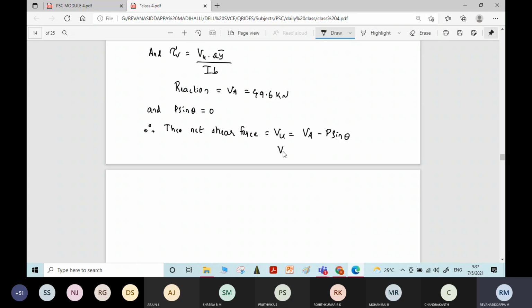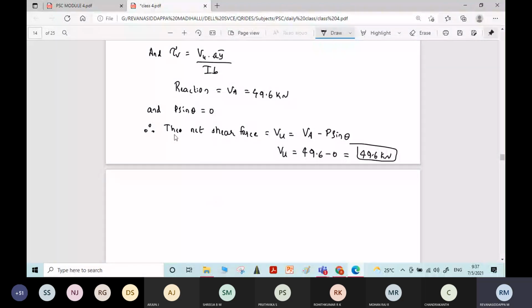Therefore, Vu is equal to 49.6 minus 0 is equal to 49.6 kilonewton. Okay. So as there is no pre-stressing force, whatever the reaction at the support is, that is only the shear force which is acting at the support section, right? 49.6 kilonewton only.